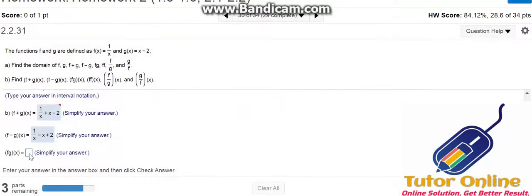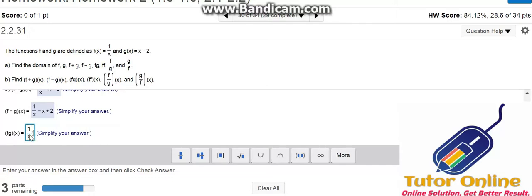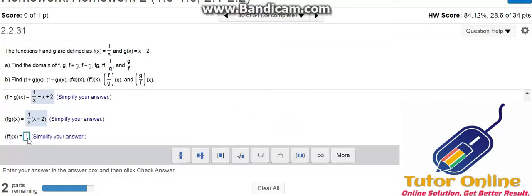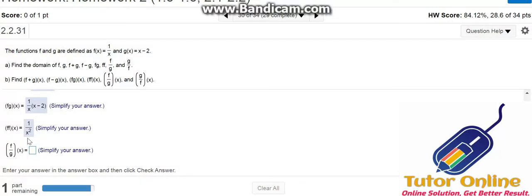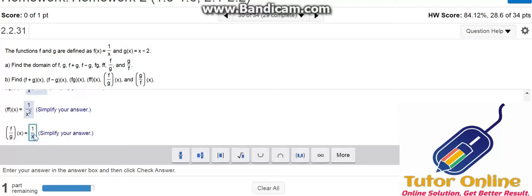We just have to check f times g of x. So 1 over x times x minus 2. Let's check it. Yeah, that's fantastic. F of x times f of x is 1 over x squared. Let's check it. Yeah, that's fantastic. F over g then becomes 1 divided by x times x minus 2, I think.